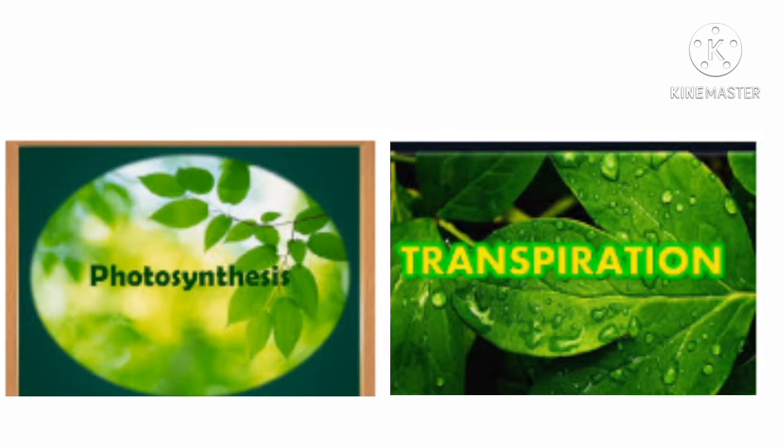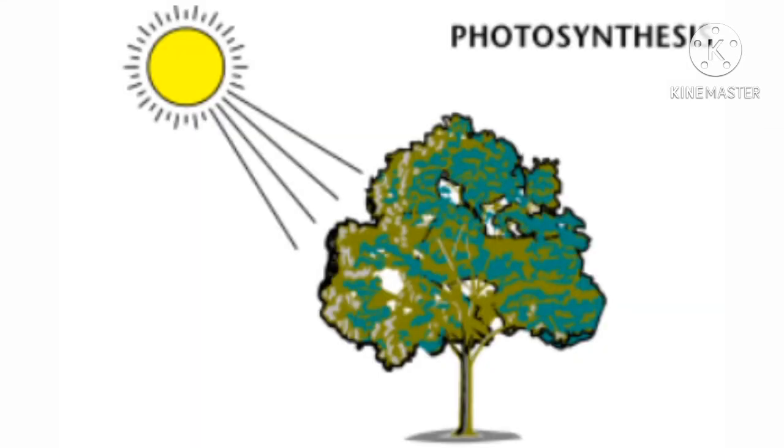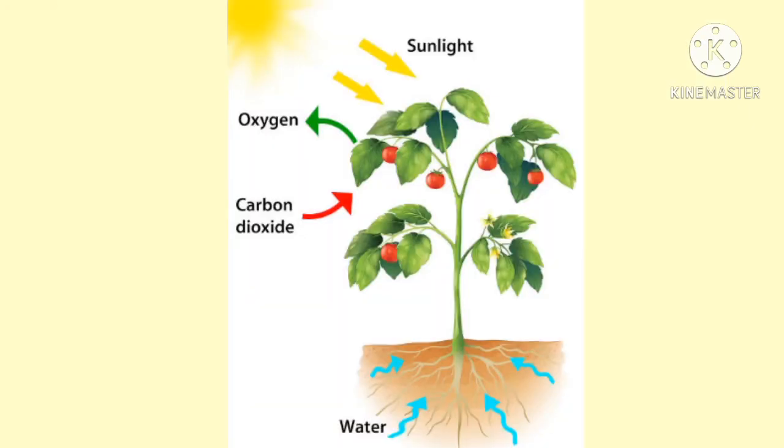Plants prepare food by the process called photosynthesis, and photosynthesis occurs in leaves of a plant. Now, let us see what is required for photosynthesis, that is, what is required by the plants to prepare their food. To prepare food, leaves absorb carbon dioxide from the air, and leaves also need water to prepare their food.